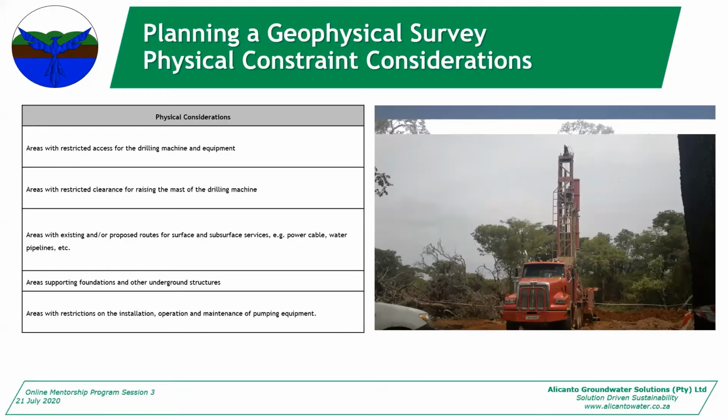Other considerations are areas with existing or proposed routes for surface and subsurface services, your cables, pipelines, etc. Areas with foundations or underground structures, and areas where you wouldn't be able to install your pump equipment. So if you need to get a crane in to install your pump equipment, you need to avoid that for your geophysical survey.